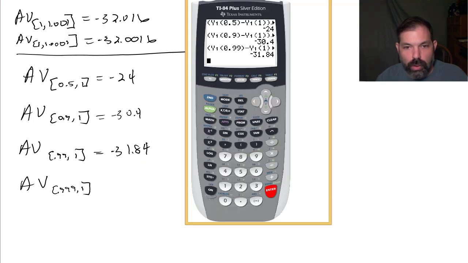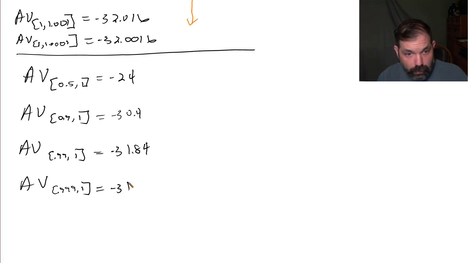And let's do one more. Change them to 0.999s. Negative 31.984. All right, so what appears to be happening here? Again, we're getting closer and closer.